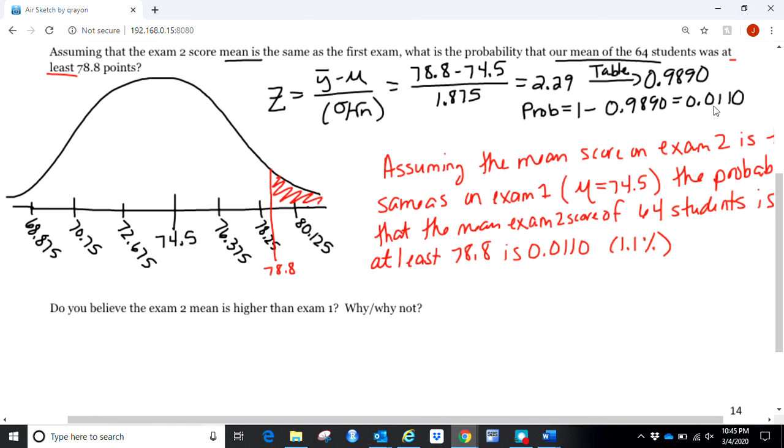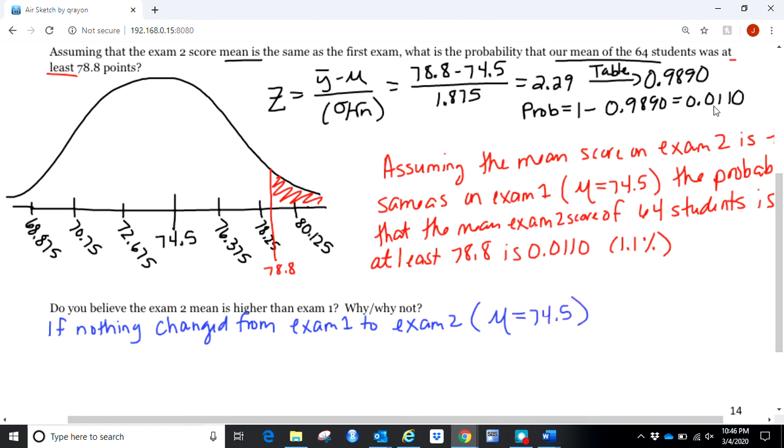So let's think about what that probability technically was measuring. It was telling us that if nothing changed from exam 1 to exam 2, that is, the mean stayed the same. So the mean on exam 2 is the same as it was on exam 1.